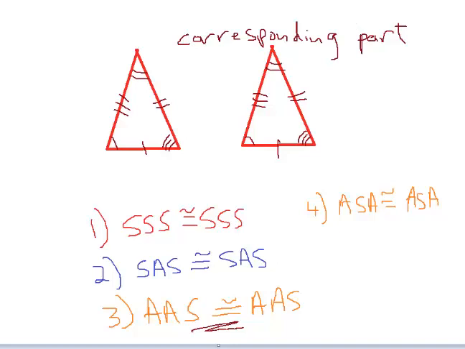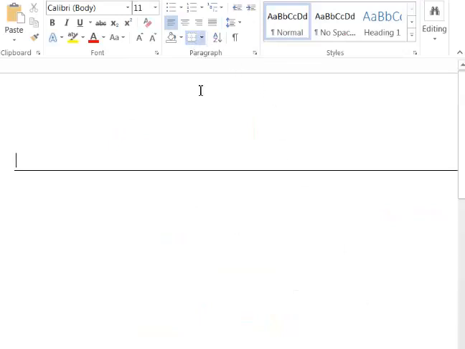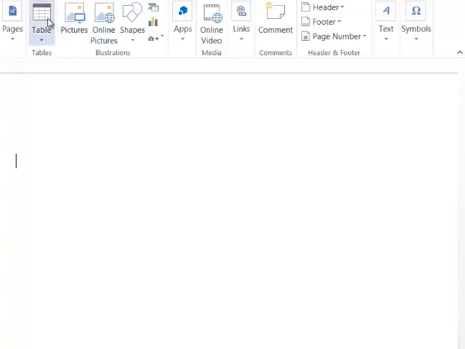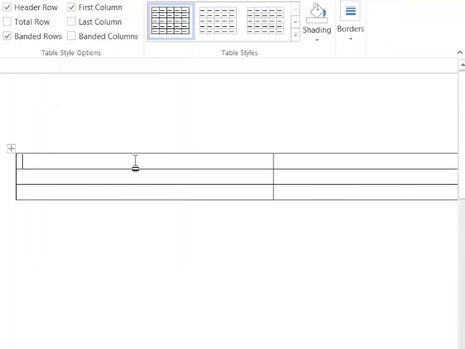When you're establishing a proof, what I always like to do is set up a chart with statements and reasons. Let me insert a little table over here. A proof works with statements on one side and reasons on the other.